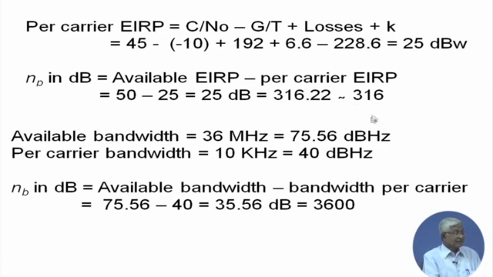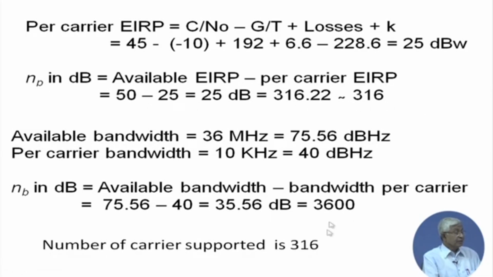So here, out of these two, the lower one is NP, 316. Therefore, it is a power limited case. The number of carriers supported is 316 and it is based on the power calculation. So it is a power limited case, this is not a bandwidth limited case, right. So to improve, you have to improve the individual carrier ERP.